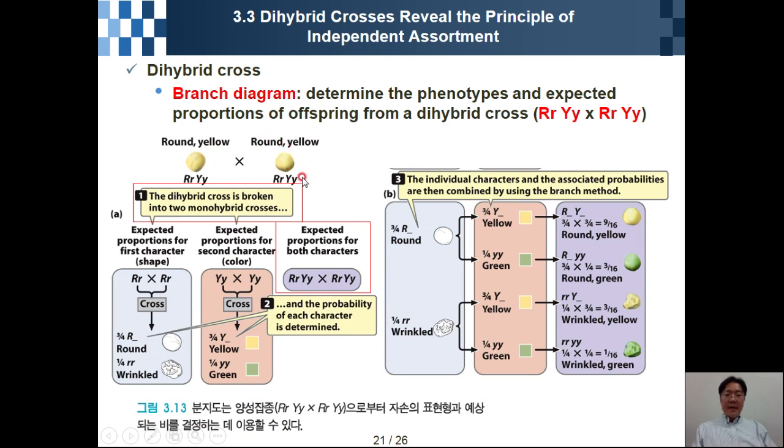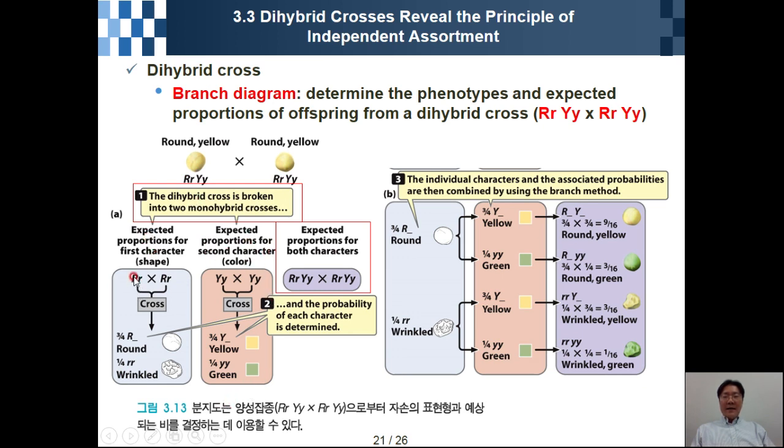In this case, the branch diagram is broken up: a dihybrid cross can be broken into two monohybrid crosses. So we break it here and here, one for R and one for Y, like this.